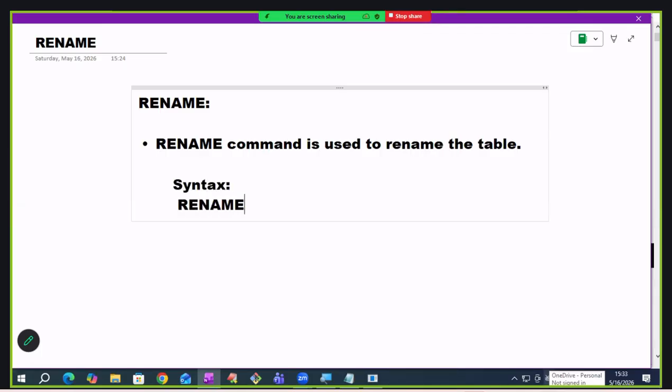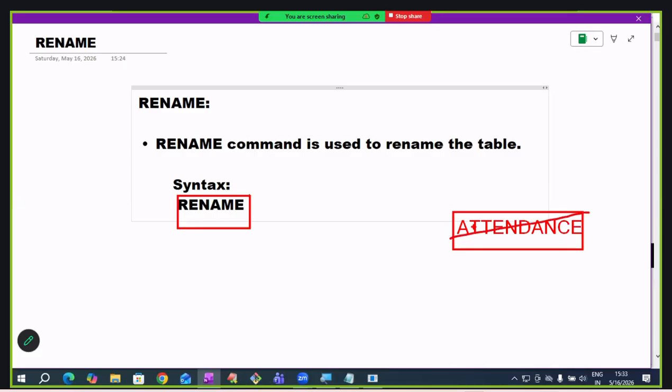Rename, rename. Whenever we are renaming, two things are required, sir. Understand here? For example, here one table is there. Attendance table is there. The table name is attendance.